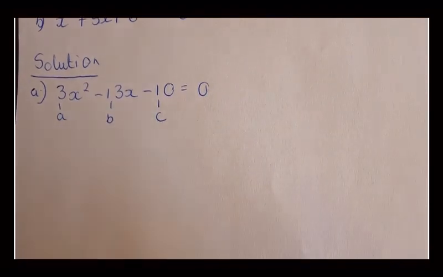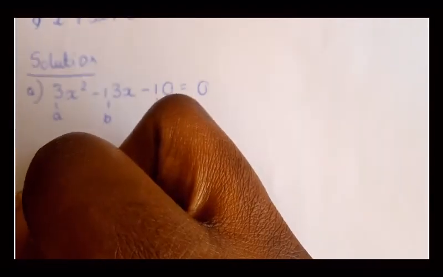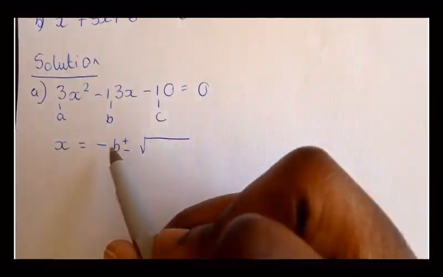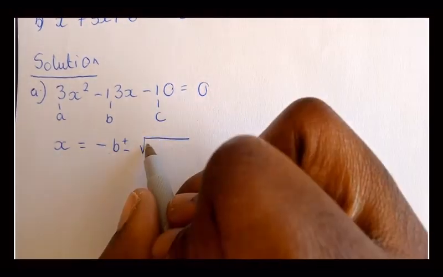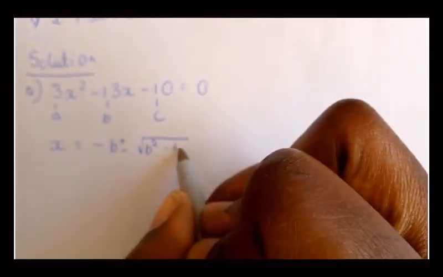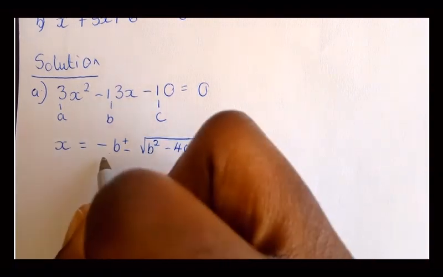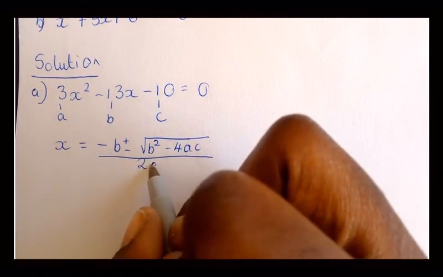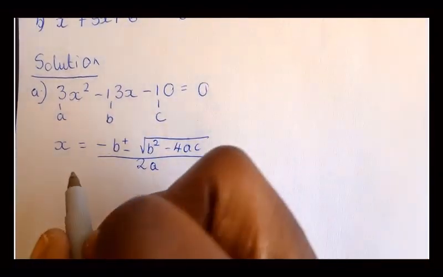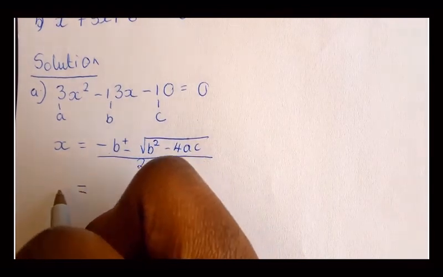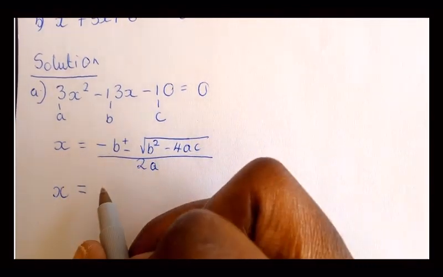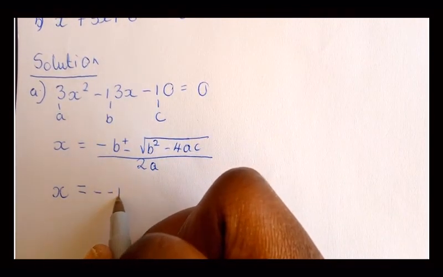So what does the quadratic formula say? It says x is equal to minus b plus or minus the square root of b squared minus 4ac all over 2a, like this. So it becomes x is equal to minus b, it's minus negative 13.